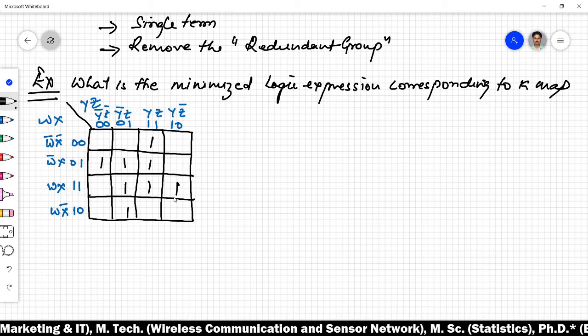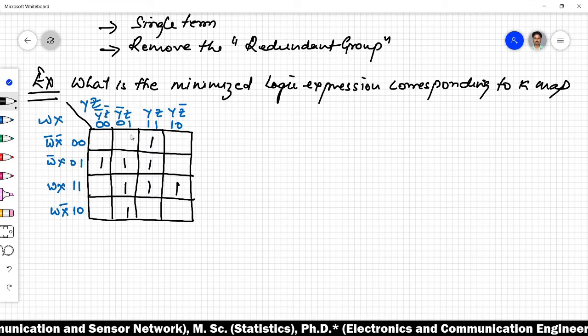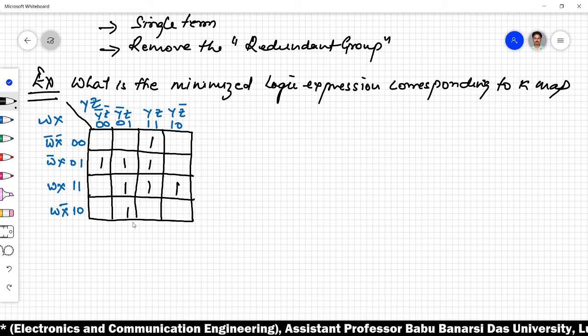Now, as we follow the convention, we look for the big group. In this case we could have an octet, but as you know we cannot get any 8-cell adjacent group in the present situation.